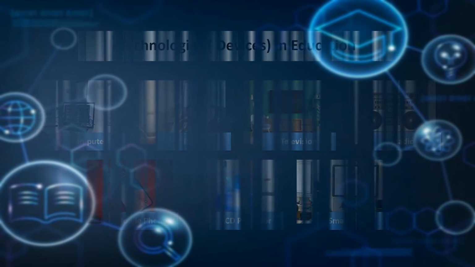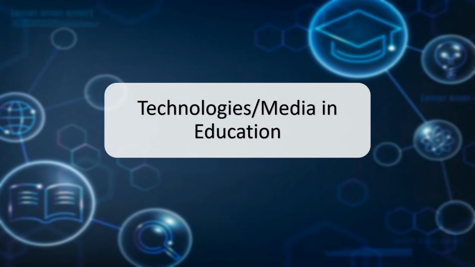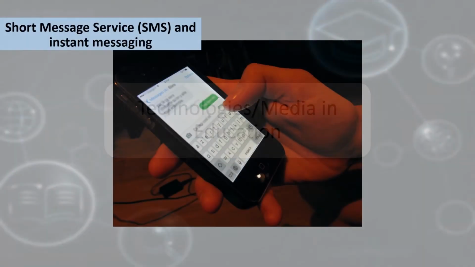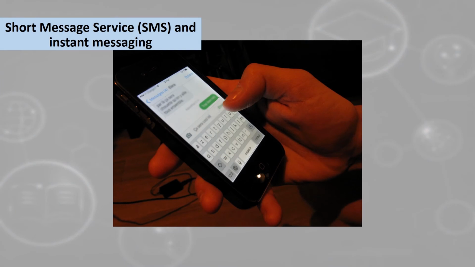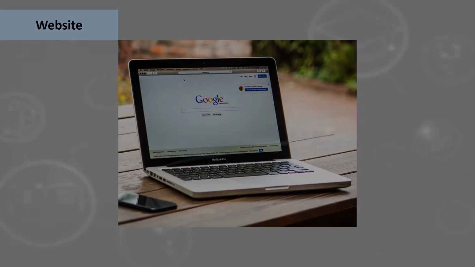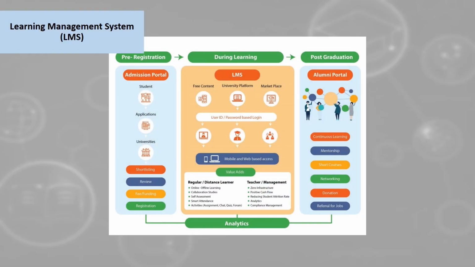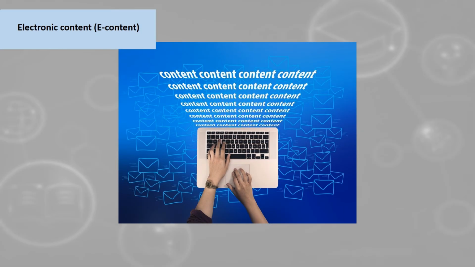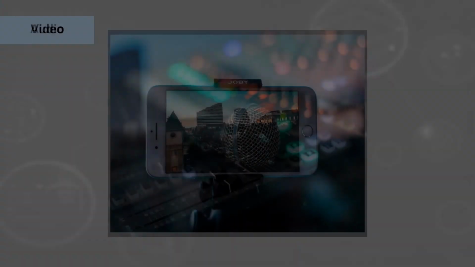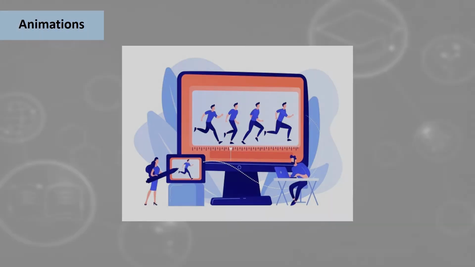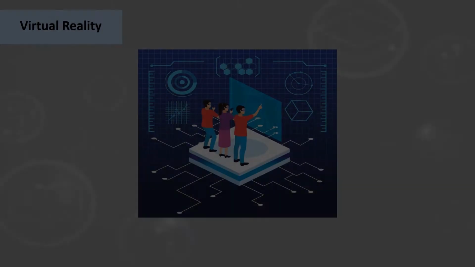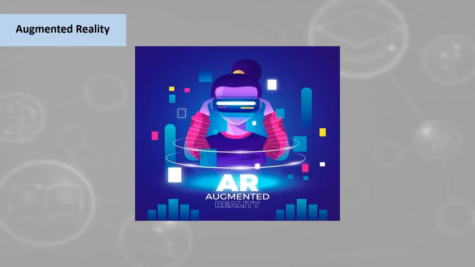Along with that, we have a list of application softwares or apps like short messaging service, blogs, websites, QR code, learning management systems, e-content in different forms like audio, video, podcast, graphics, animation, e-book, virtual reality, augmented reality, and this list is not ending that way.